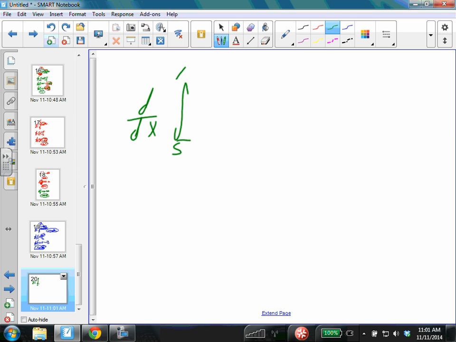From 5 to x squared of u to the third du. Let's find out. Okay, so the change with respect to x of, and then what's this antiderivative going to be?